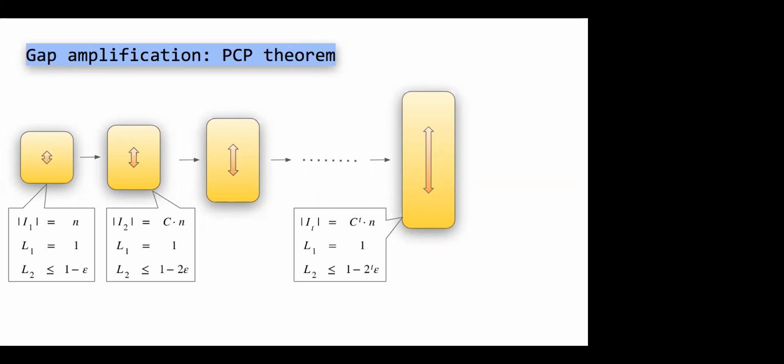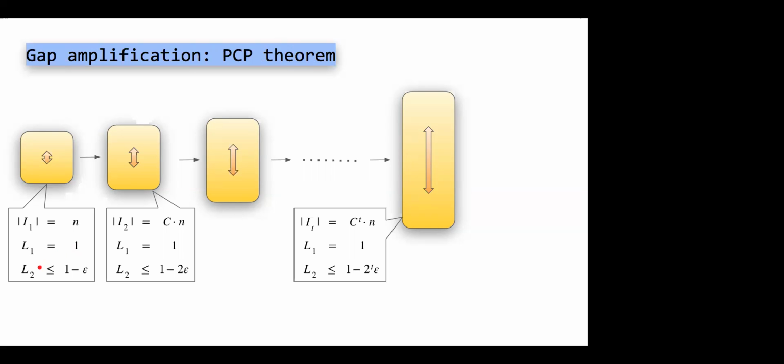So consider a self-reduction for some particular problem that works in such a way that first we have languages L1 and L2, where in L1 we say the fraction of constraints that can be satisfied, the upper bound on the opt, is 1, so we can satisfy all the constraints or something like that.